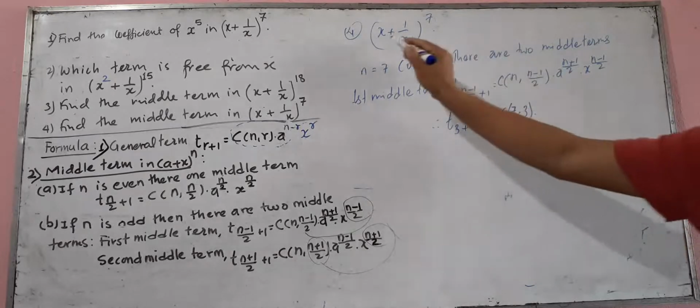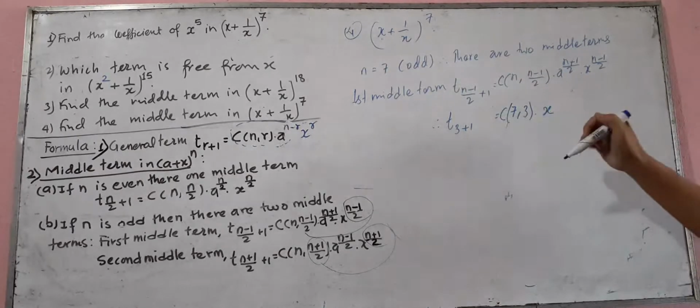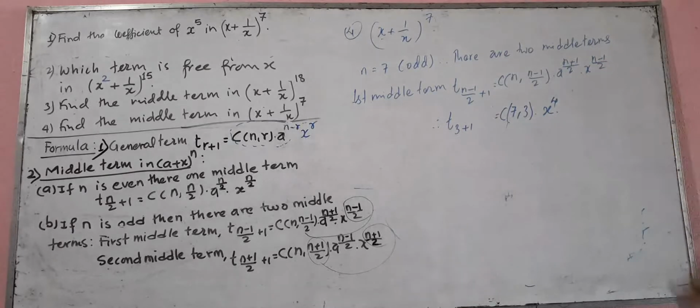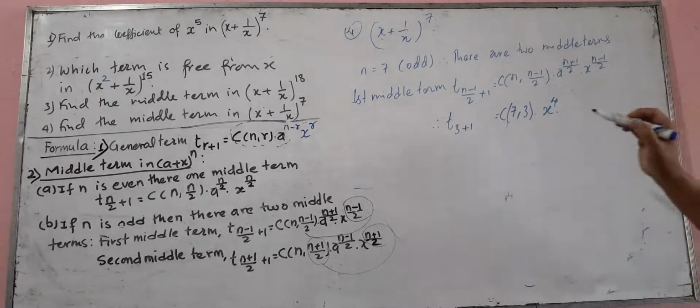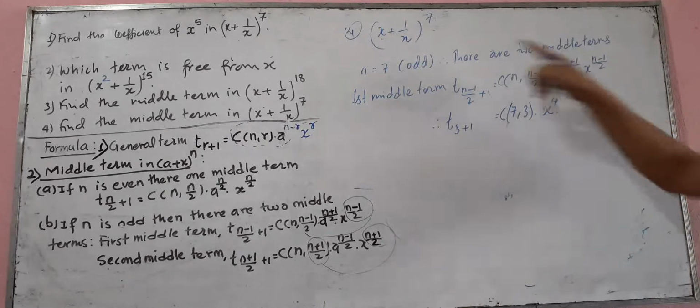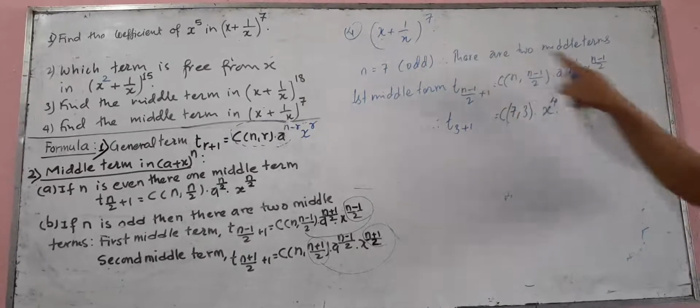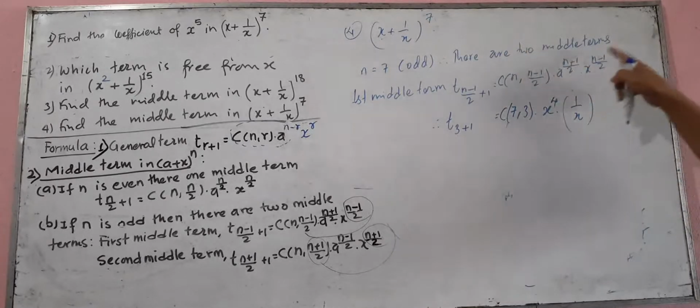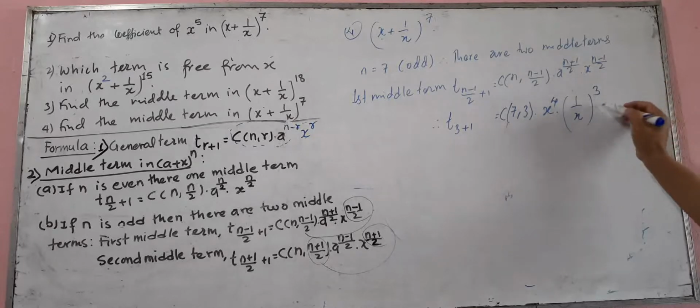So a, the first term x, to the power n plus 1 by 2, that is 4, and the second term is 1 by x, so x is replaced by 1 by x. So 7 minus 1, 6 divided by 2 is 3.